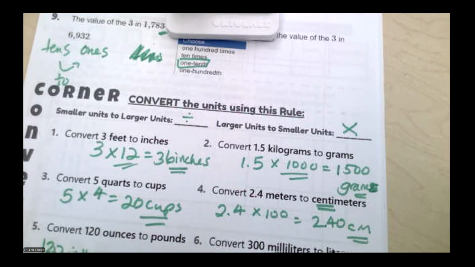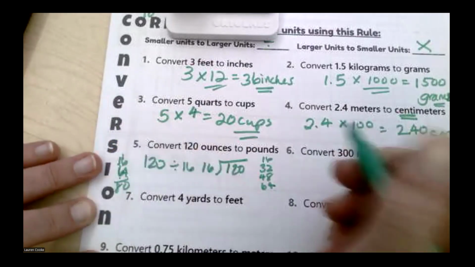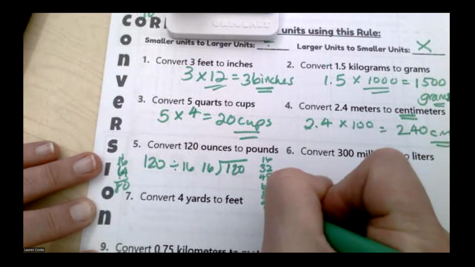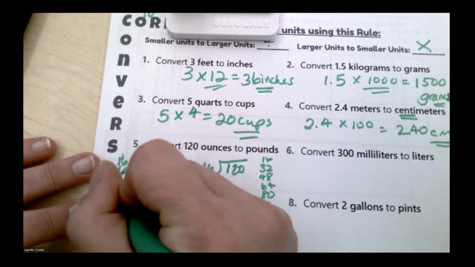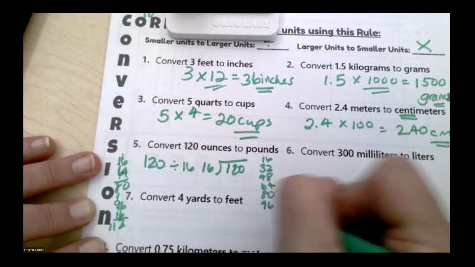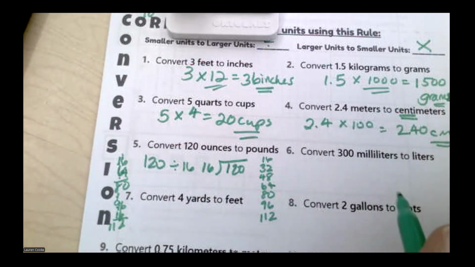120 divided by 16. 16, 32, 48, 64. What's 64 plus 16? Ah, you can't even see what I'm doing. 80, 96. 96 and 16 is 112.